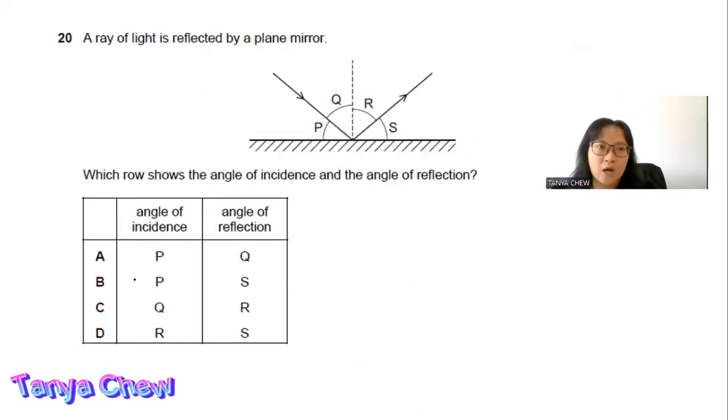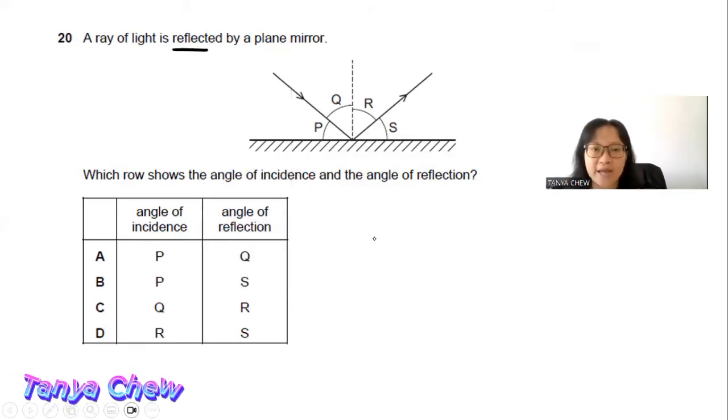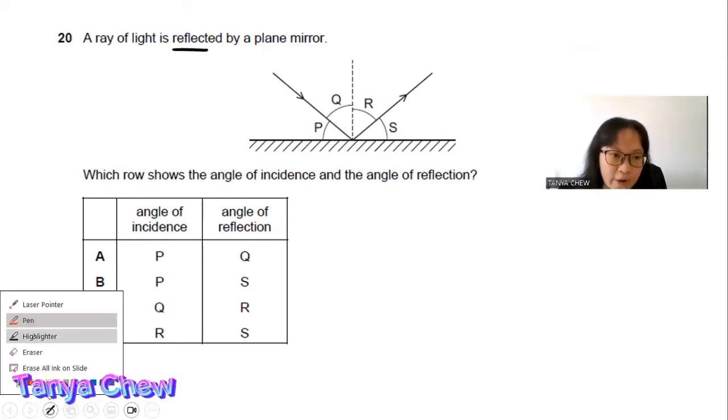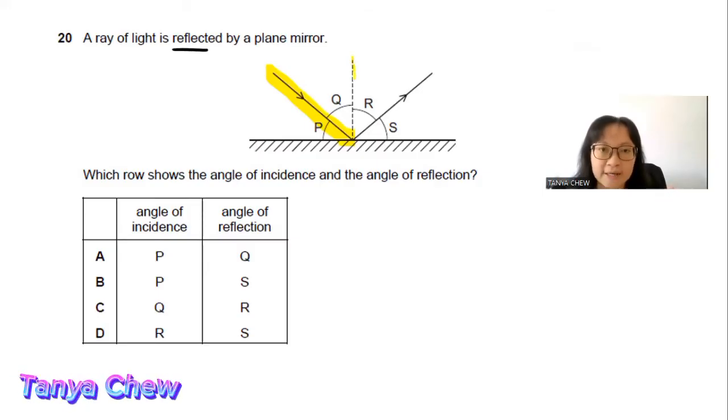Question number 20, a ray of light is reflected by a plane mirror. Which row shows the angle of incidence and the angle of reflection? The angle of incidence is the angle between the incident ray, the ray that is directed to the plane mirror, and the normal line.